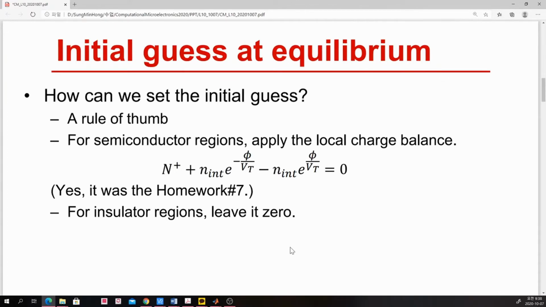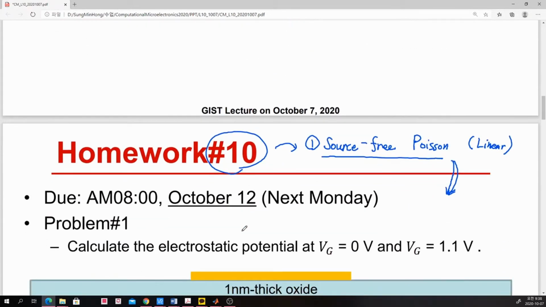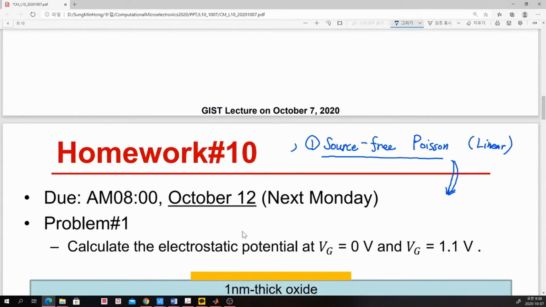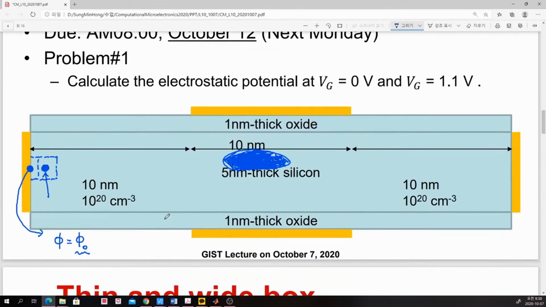But in homework number 10, although every ingredient was explained step by step, collecting them all and having a working code is not that easy, from my own experience. So once again and again, I strongly recommend you start today. Even in that case, you may have certain difficulties.